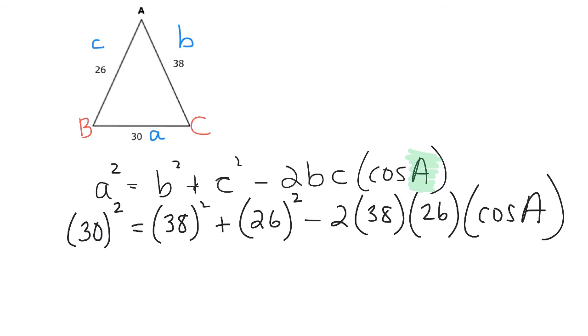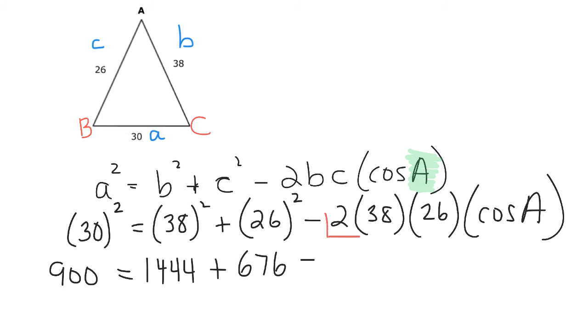So 30 squared is 900, which equals 38 squared, which is 1,444, plus 26 squared, which is 676. We have a minus sign, and then we have this section where we typically perform some multiplication. Here we are only going to be multiplying 2 multiplied by 38 multiplied by 26, and we're going to stop there.